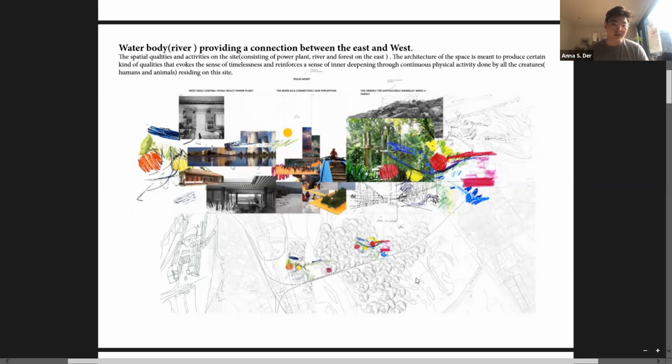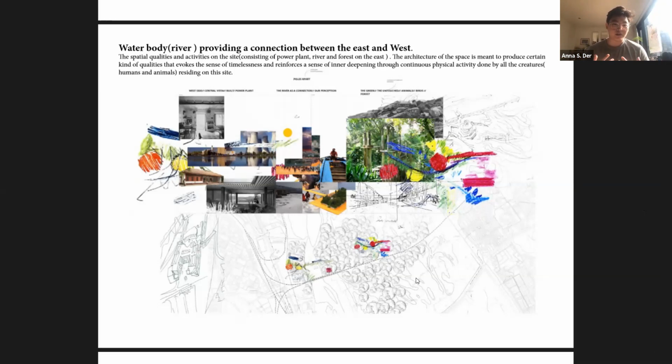The idea is that the ashram is not in one place, but in two. To understand what the ashram can give a person in terms of spiritual journey or enlightenment, it has to take place in between these two poles. And that's what we call Poles Apart. And so the next page.